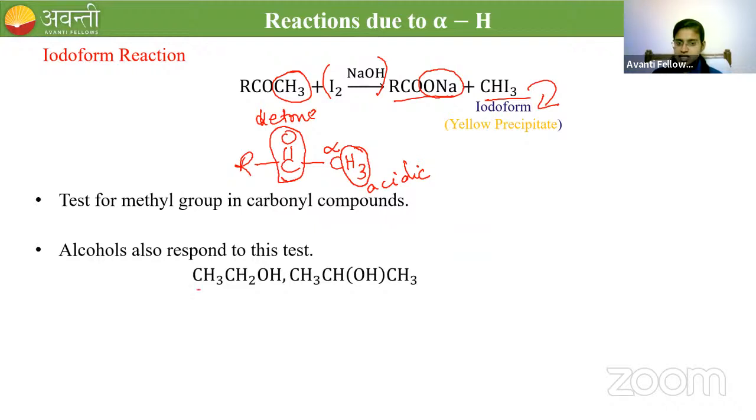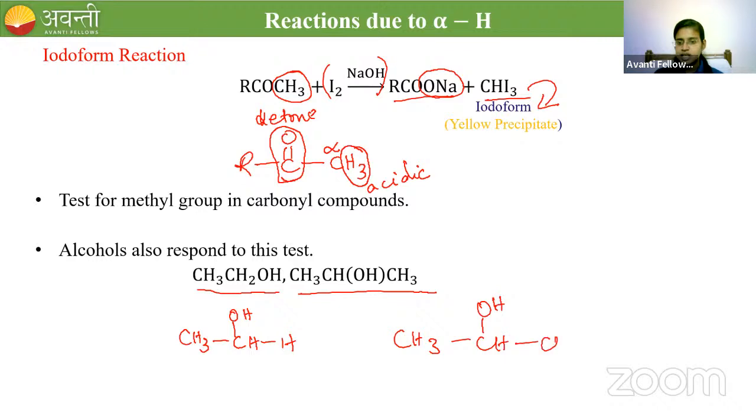I will show you which alcohol will respond and which compound will respond. See, CH3CH2OH, this alcohol will respond, and CH3CHOHCH3 alcohol will respond. In these two compounds, we have CH3, CHOH.